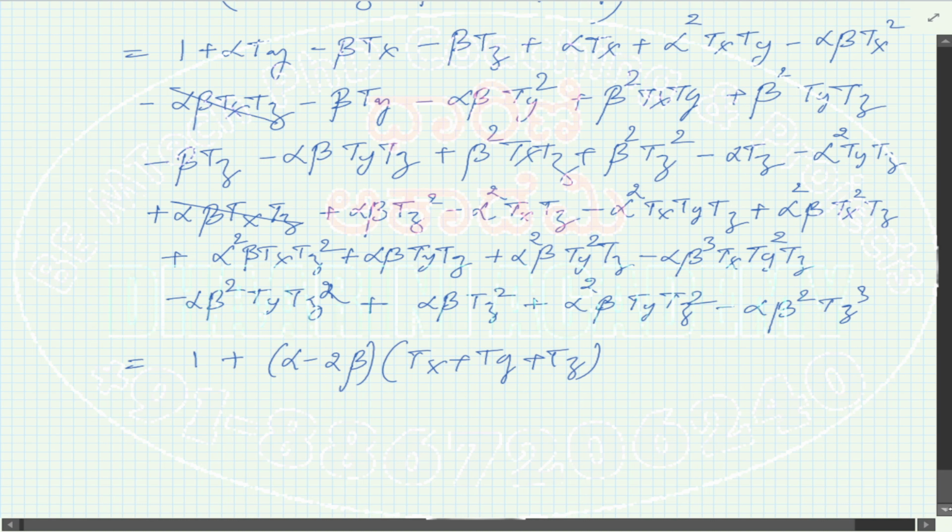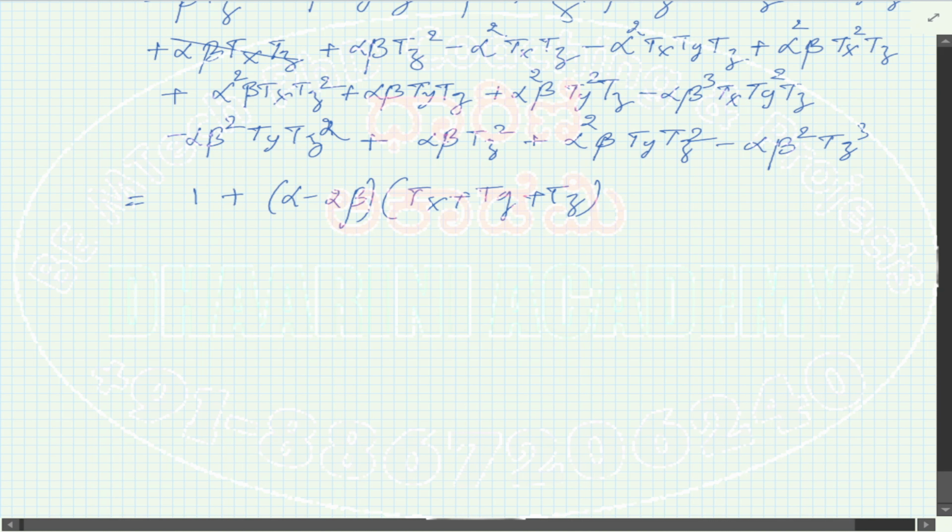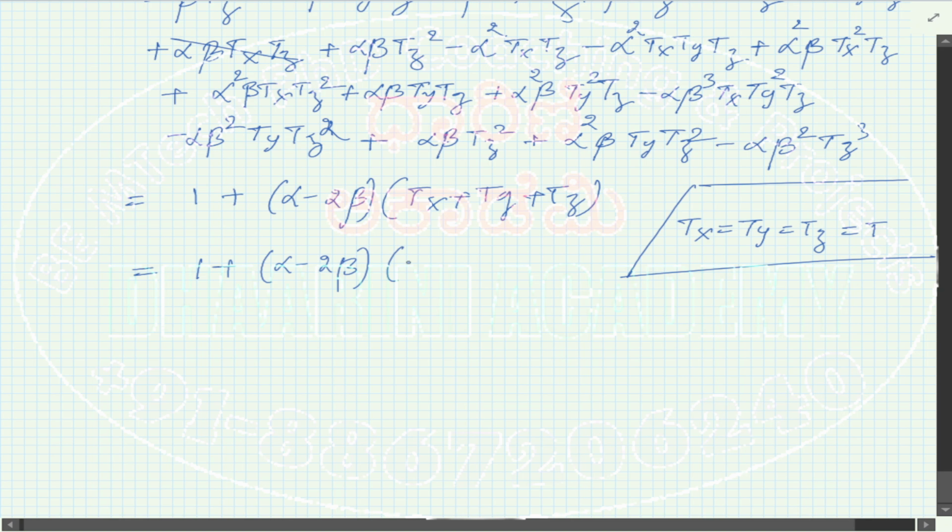All the other terms will get cancelled. Now what we do, we assume that tx equals ty equals tz, that is equal to t. This means it is alpha minus 2 times beta into 3t.